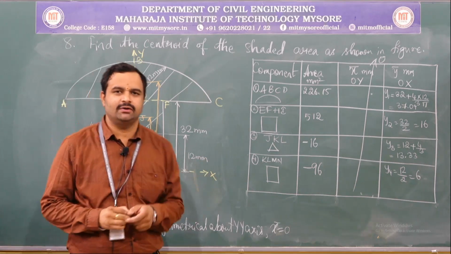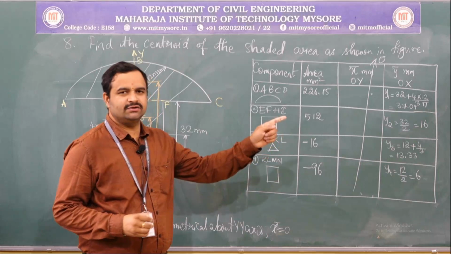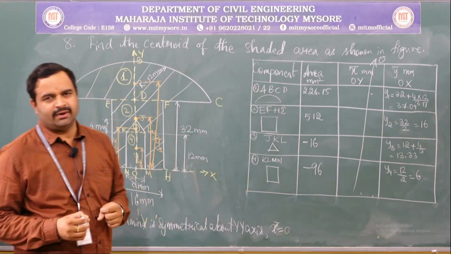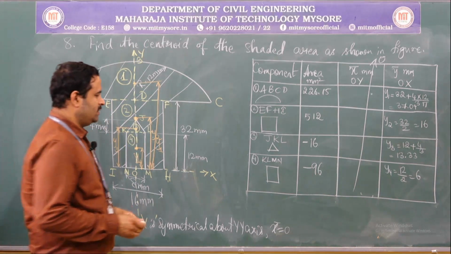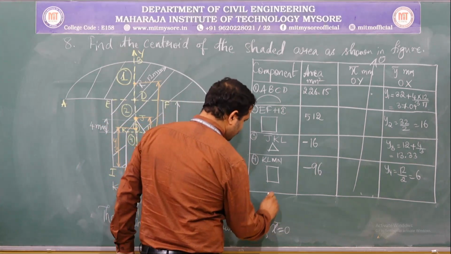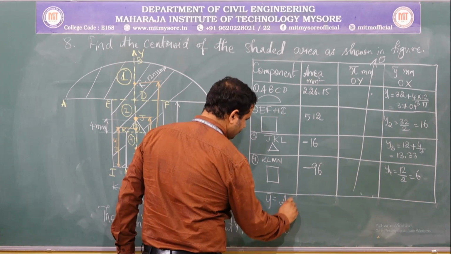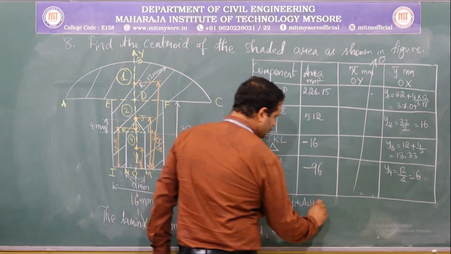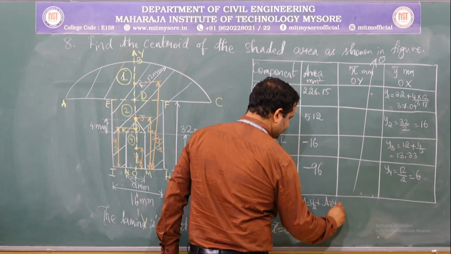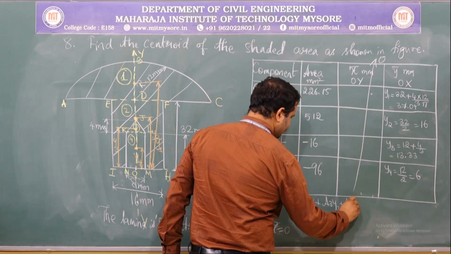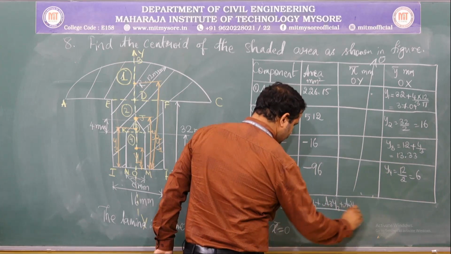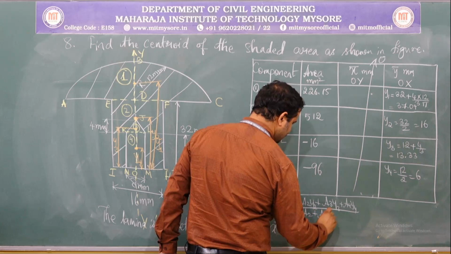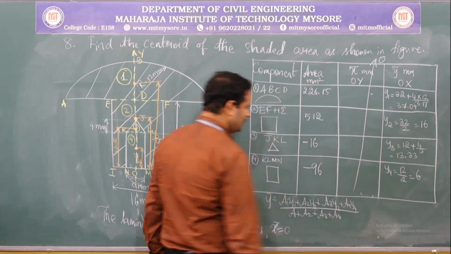Using this table, we can substitute the values of y1, y2, y3, y4 to calculate the y bar. So, we have the formula, that is y bar is equal to a1 y1 plus a2 y2 plus a3 y3 plus a4 y4 divided by a1 plus a2 plus a3 plus a4.